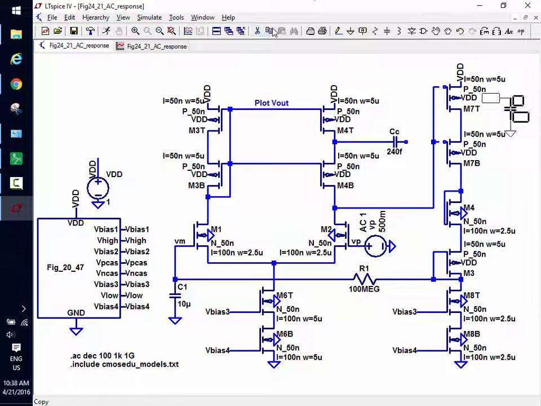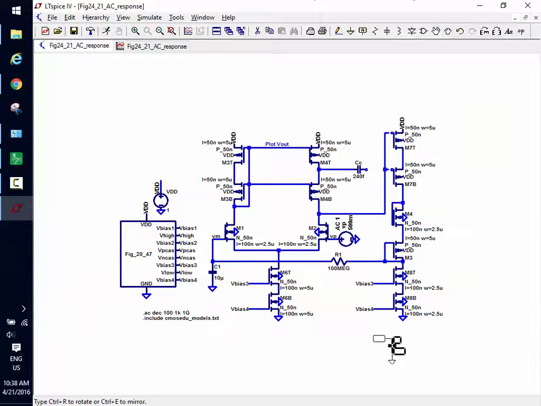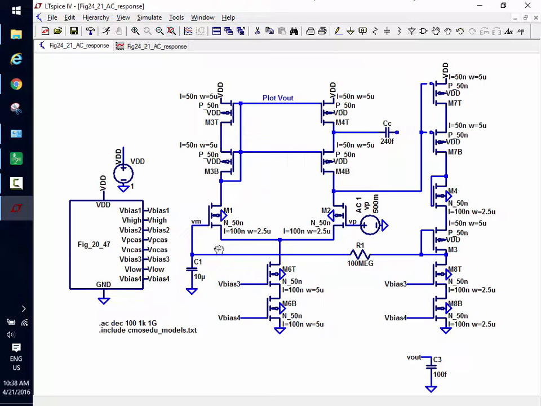Let's move this out of the way for now. And let's put a wire in here. Now I could actually connect it to this node, but I'm not going to do that because the output buffer has got a gain of 1.